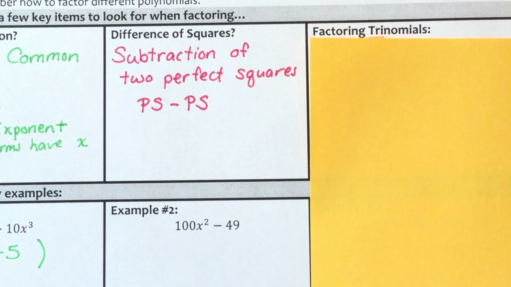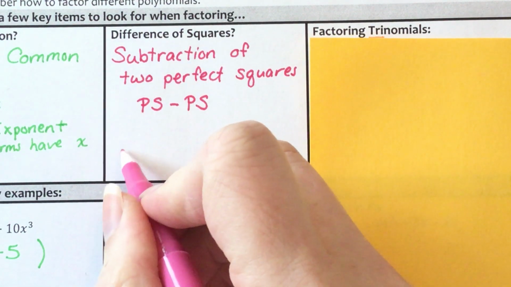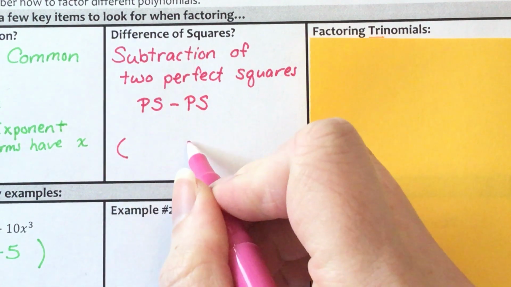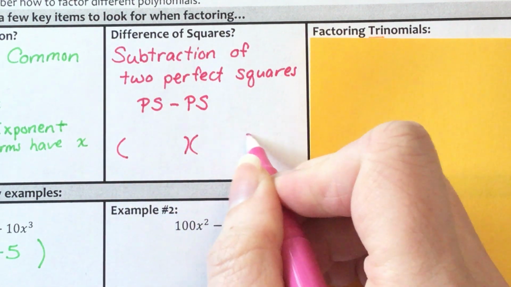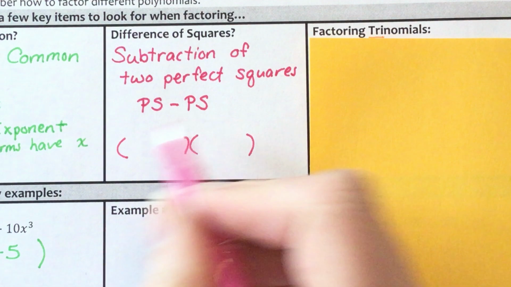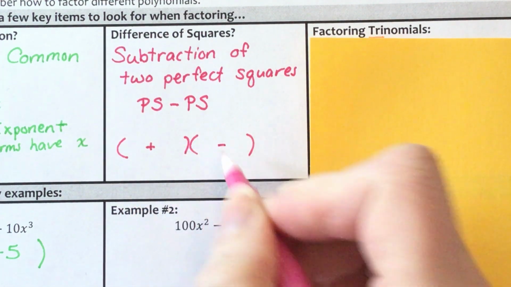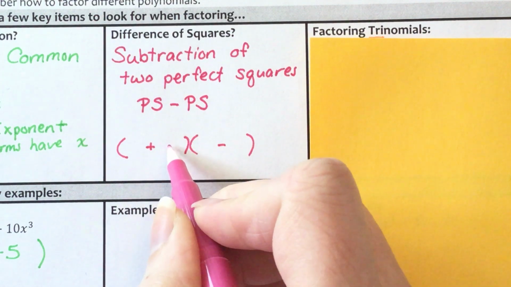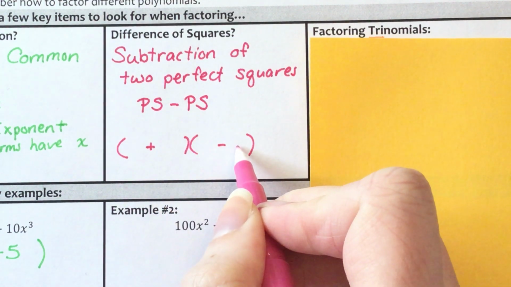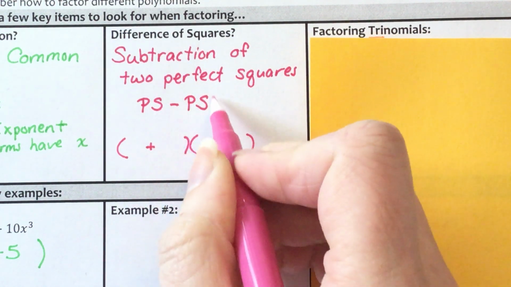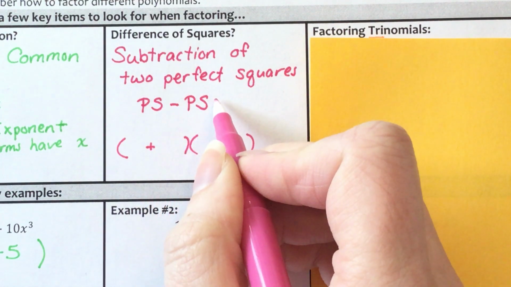So let's review what that would end up looking like. The pattern for factoring is that we have two sets of parentheses that are multiplied together. So this is what our answers will look like. We will have one plus in the middle and one minus in the middle, because this term times this term, a positive times a negative, has to equal this last term, which is negative.